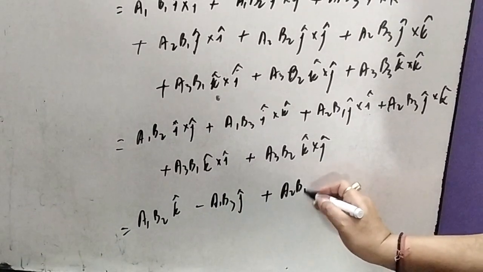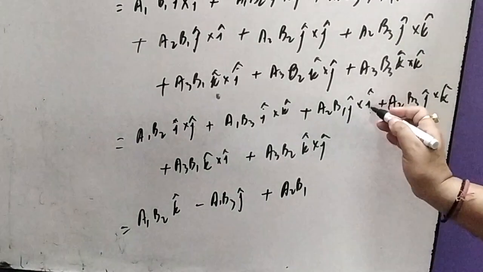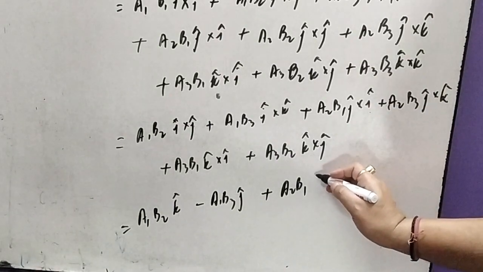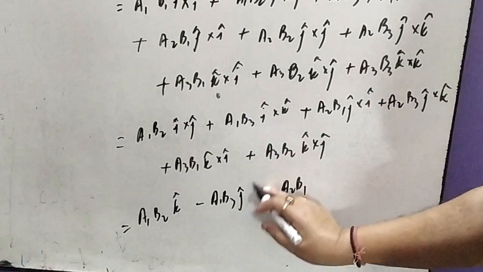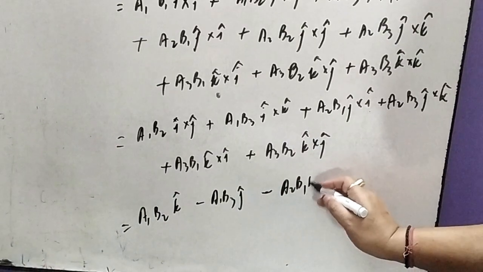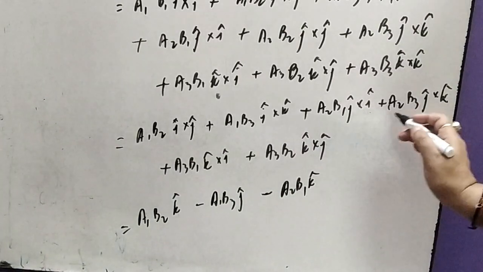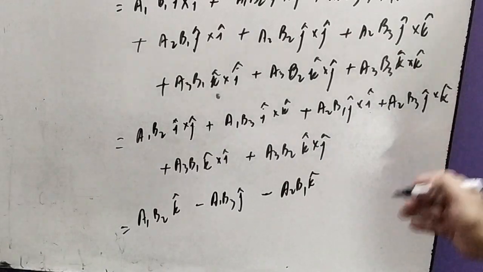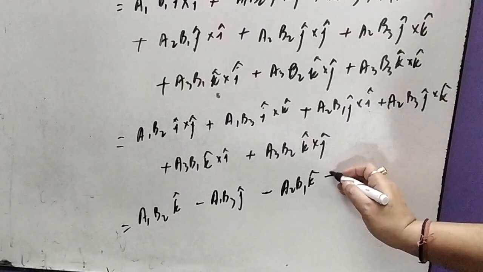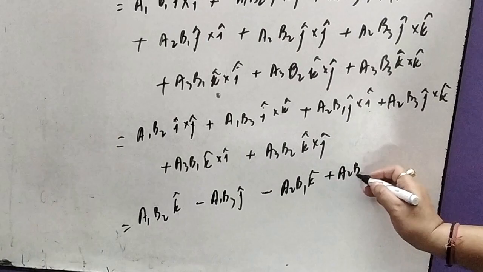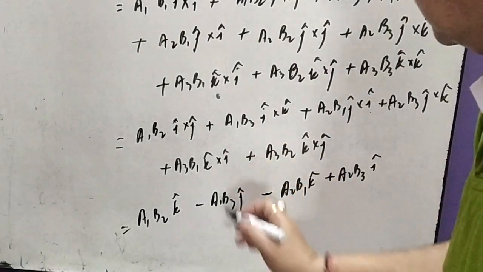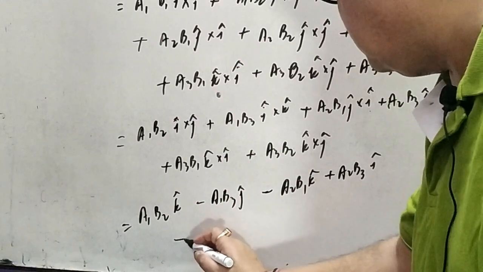A2 B1 दिस इज जस्ट माइनस के. अब यहाँ पे देखिए A2 B3 और जे क्रॉस के तो आई होता है, तो प्लस A2 B3 आई.